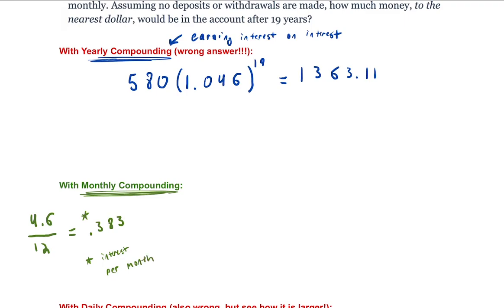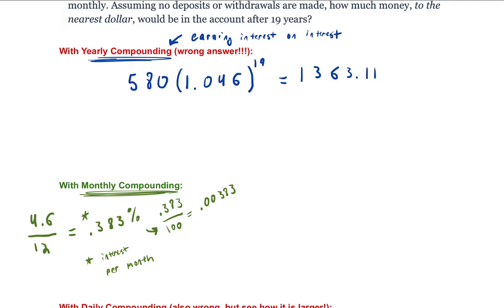It's the amount of interest that I earn per month. It's earning 0.383% per month. Now I still need to divide this by 100 to get it as a decimal, and it's going to be a really small number. Divide it by 100, 0.00383. But again, I'm earning that every month.